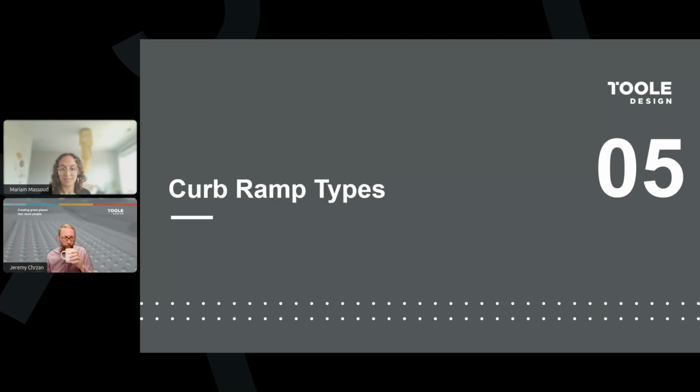Do you have a visual example of when a landing is not required at a curb ramp? Are there any running slope restrictions in this situation? We'll have images of that in the next section. Awesome. Y'all thought of that already. Wonderful.